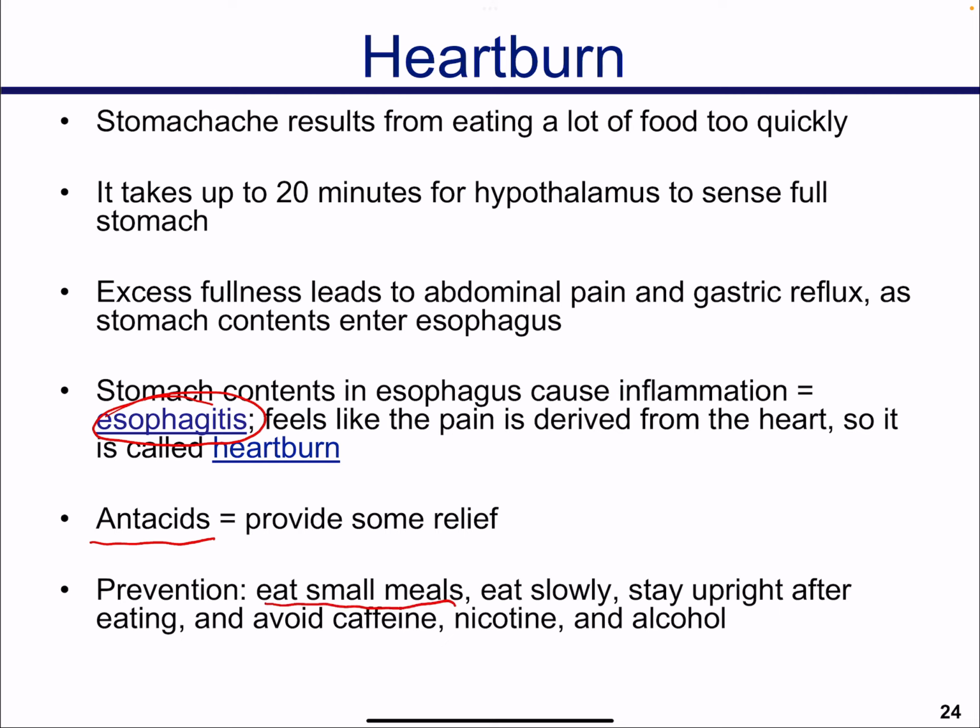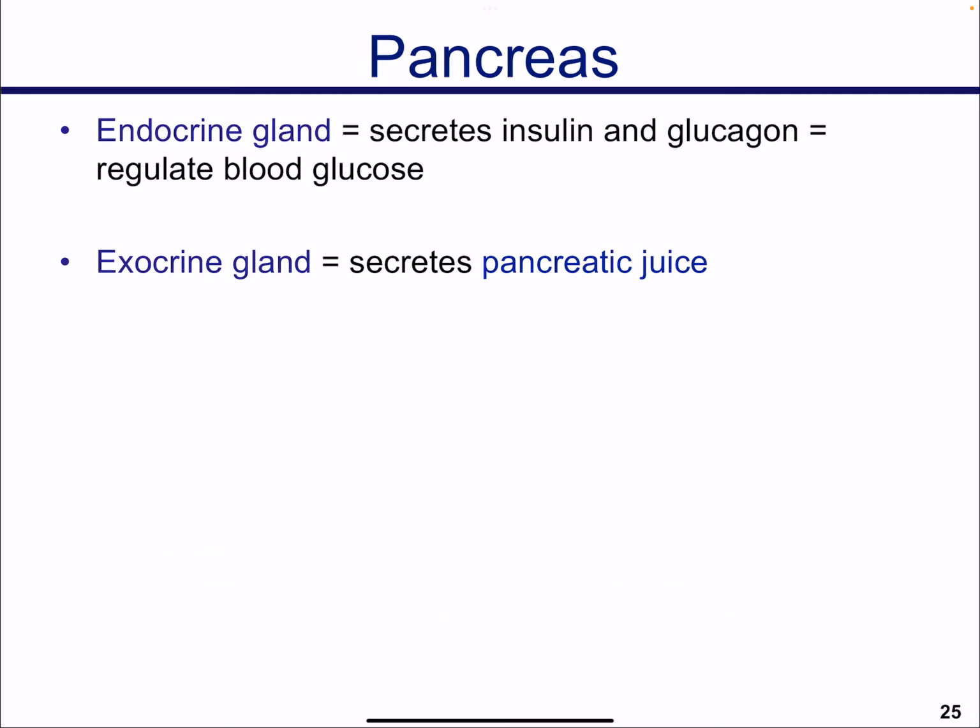You have to eat slowly, okay? And stay in an upright position for a good while. You have to avoid some types of drinks or food, like for instance, caffeine. It's a substance that actually can trigger heartburn. Nicotine and alcohol are all known to actually produce heartburn.